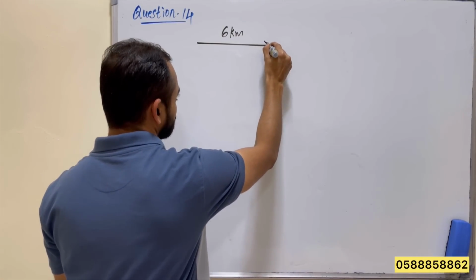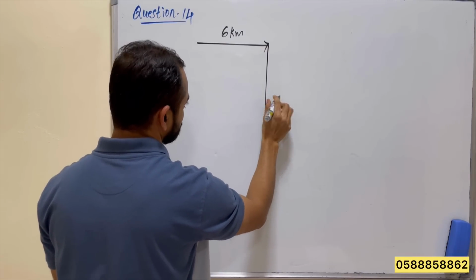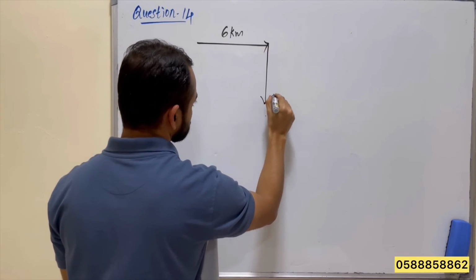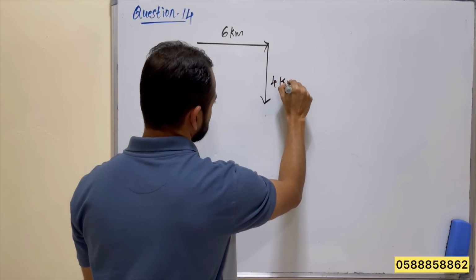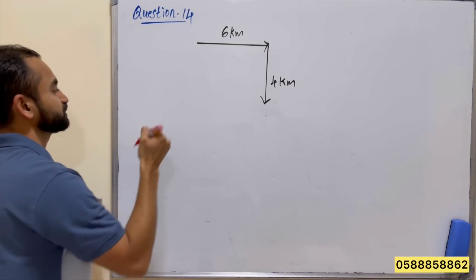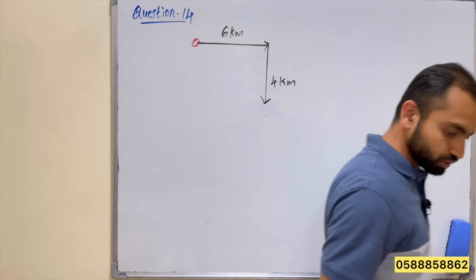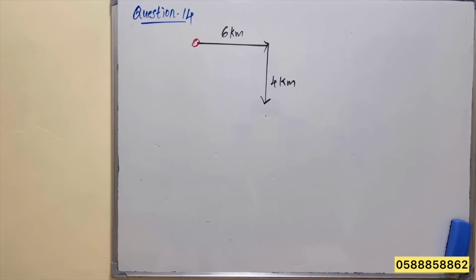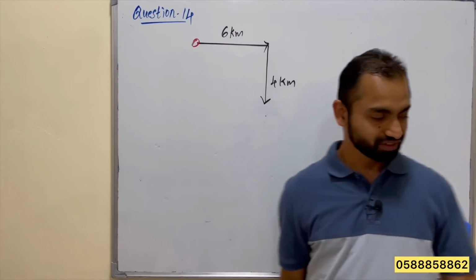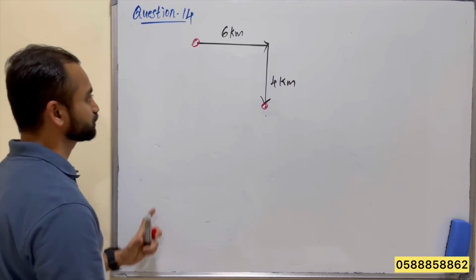Then after that you are driving in this direction, for example 4 kilometers. So where did you start? You started from here. This is your starting point, correct? And where did you reach? You reached here. This is the destination.